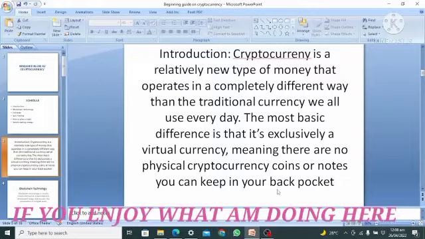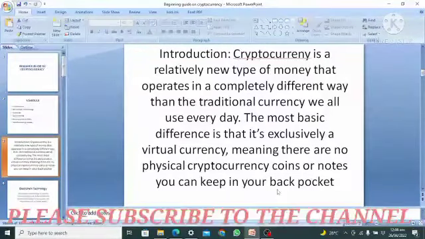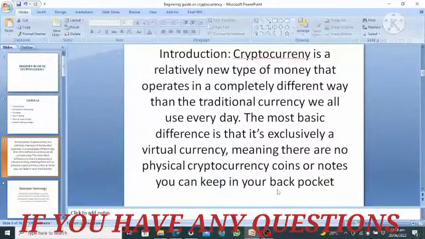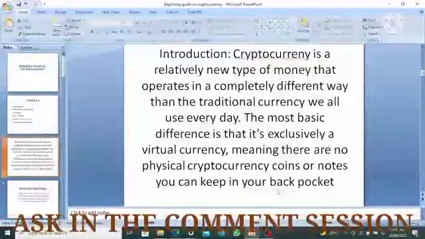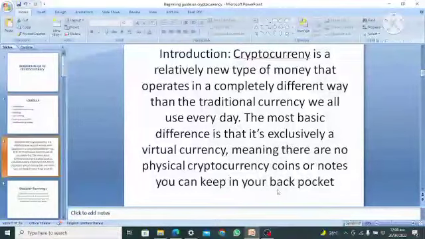When we are talking about cryptocurrency, these are virtual currencies. These are currencies that you cannot hold in your hand or keep in your own possession. No, these are virtual currencies.